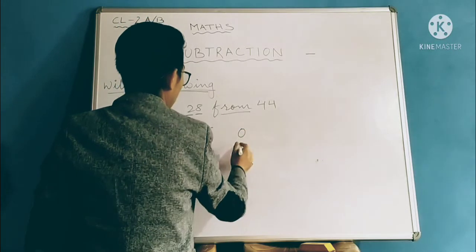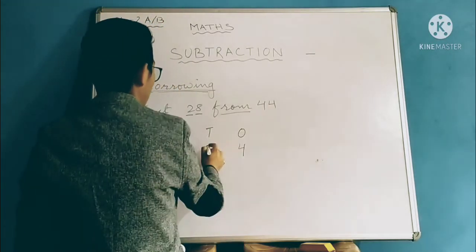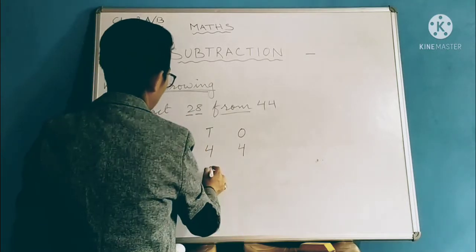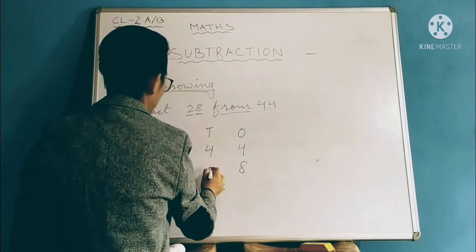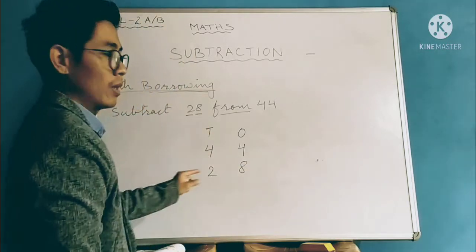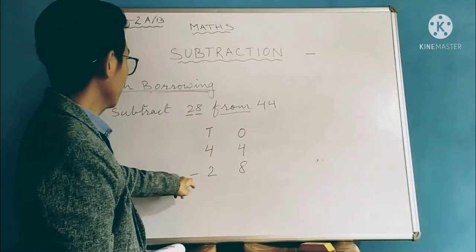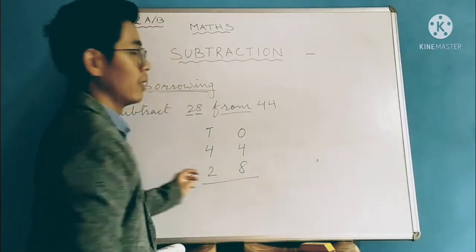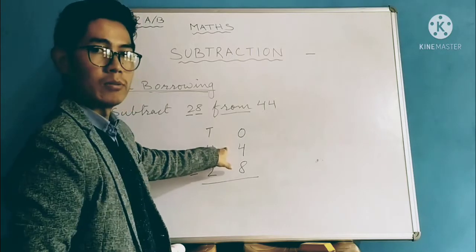Here we write 4, which is in ones place. Here 4 again. Now 28 comes down, 8 is in ones place, 2 is in tens place, and we put this sign, which is a subtraction sign. We say minus.